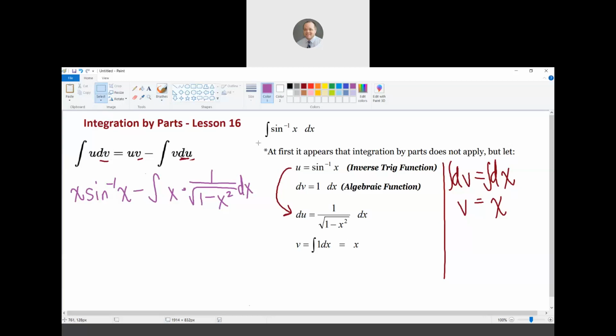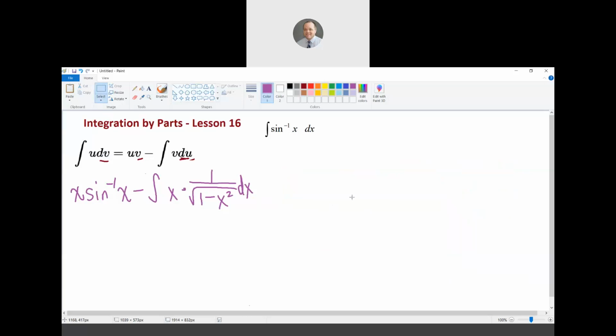We're done with this part, so I'm going to erase it, because to do the integral, we need just a regular u substitution. So here I'm going to let u equal 1 minus x squared. So du is equal to negative 2x dx.